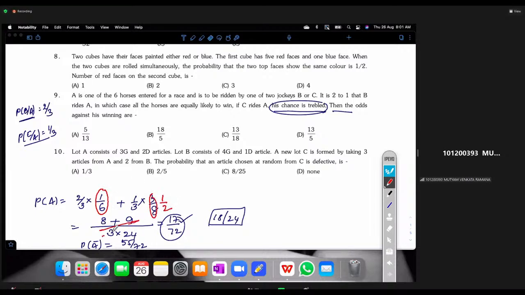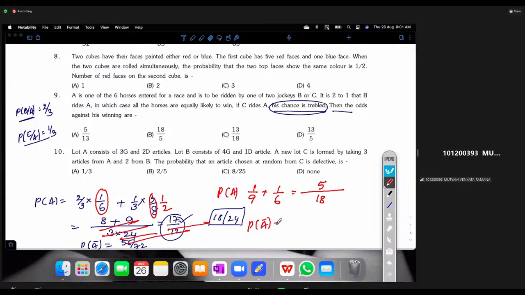Let us try with 1 by 2. If it is 1 by 2, this is 1 by 9 plus 1 by 6. LCM will be 18, so 5 by 18 is the probability of A winning.